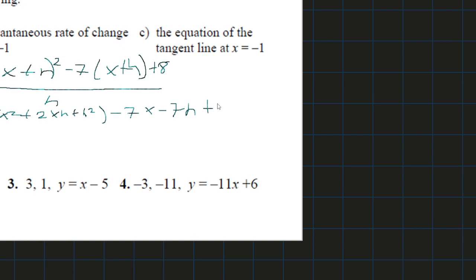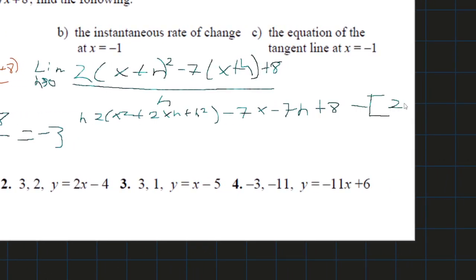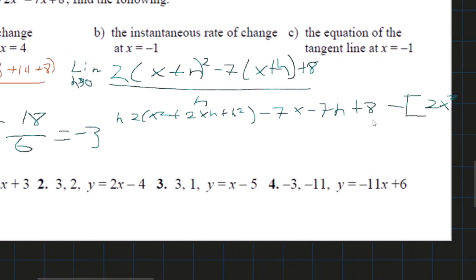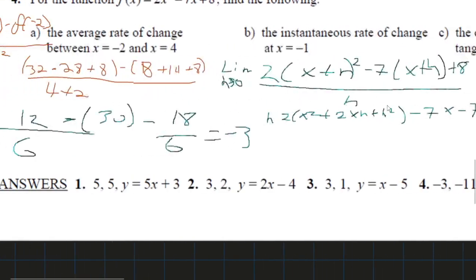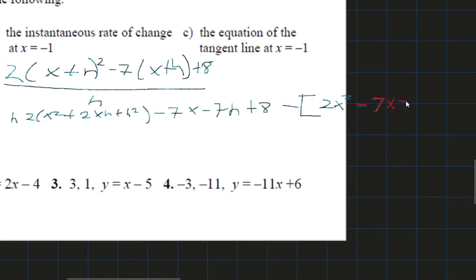And 8 minus the parent function, which is 2x. And as you can see, the answer bottom minus x 8 divided by h again.